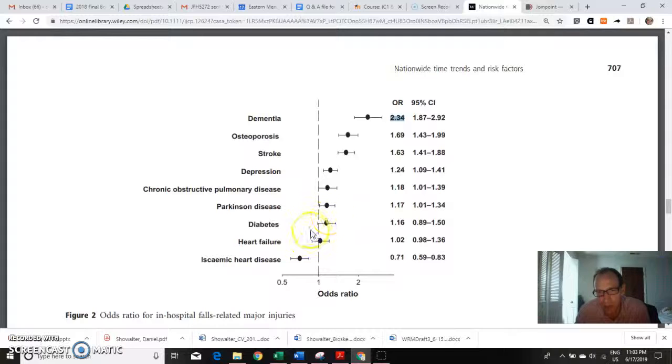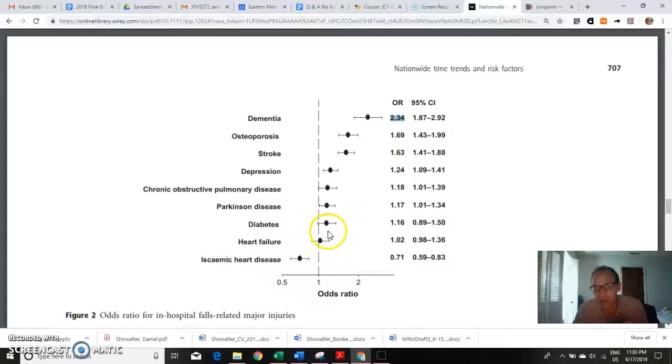For these two, diabetes and heart failure, we did see a little bit more of the patients in the study, the diabetes patients, having these major related falls. However, because of the variability, it could just be due to randomness, the people we happen to get in our sample. It's very possible that a patient with diabetes is less likely to have a major related fall, or all the way up to 1.5 times as likely to have one of these falls.